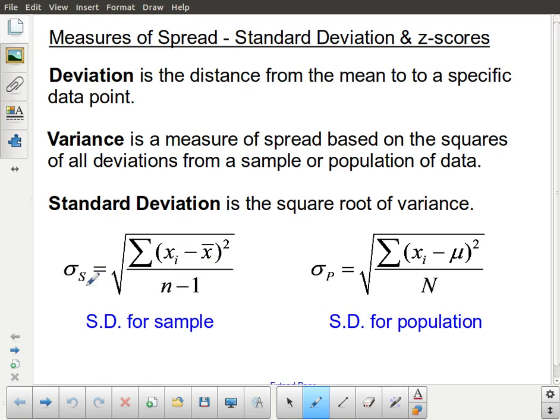And what that's saying is when I'm working with the sample, I'm not as sure about my results, and so my standard deviation gets a little bit inflated just because I used a subset of the overall population. If that's a bit much to take in right now, don't worry about it. In practice, we are going to be working with the standard deviation for the sample almost all the time, perhaps all of the time. So we are really just going to be applying this formula.